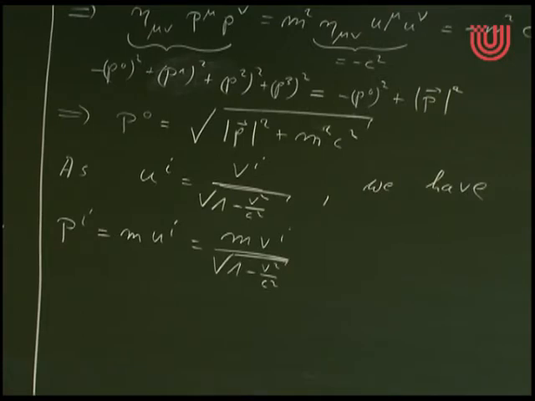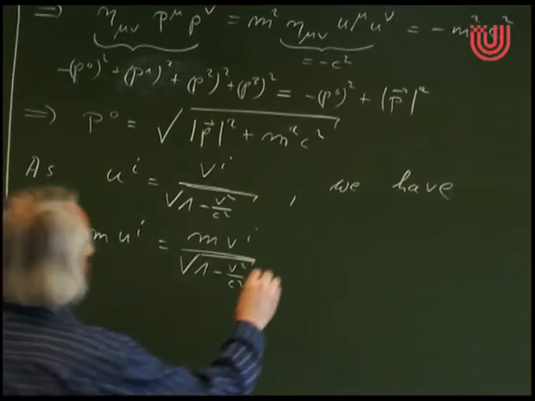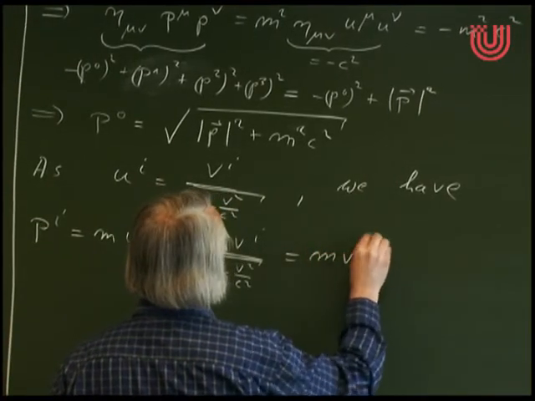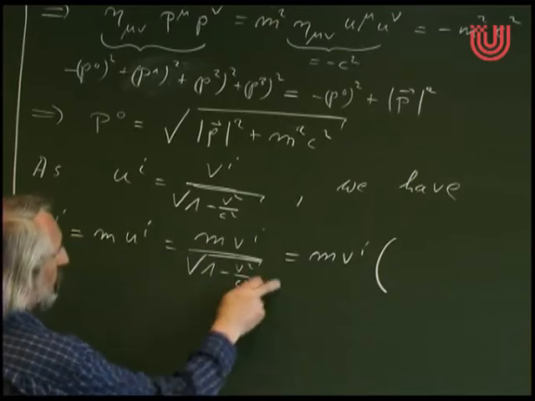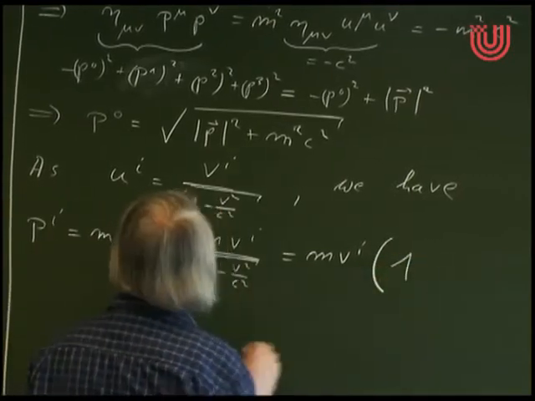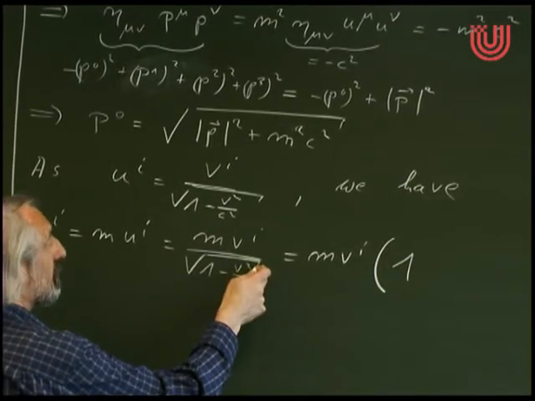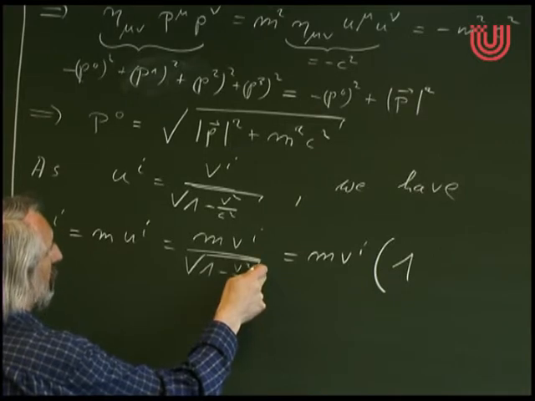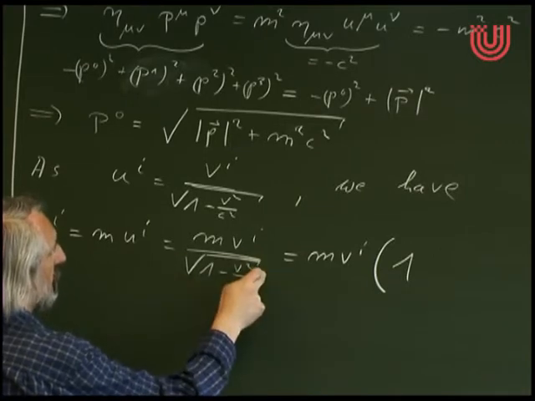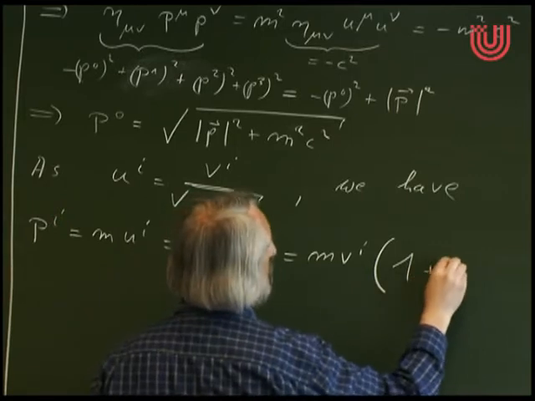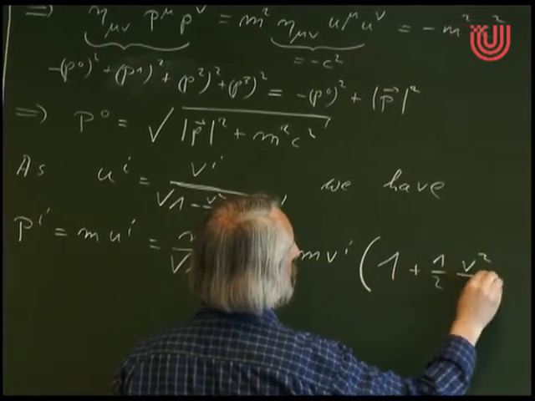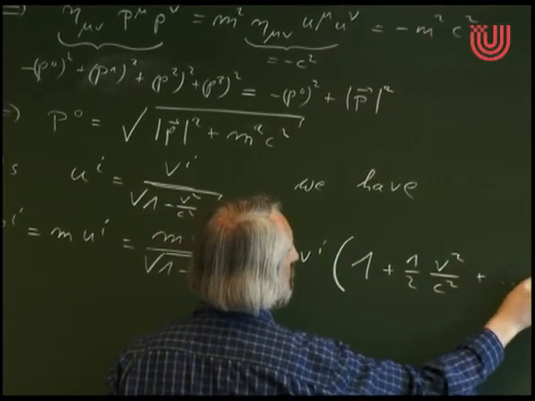And if we like, we can approximate this by a Taylor expansion. So we can write the square root in this way. So this begins with a 1. And then I have minus 1/2 of the exponents. The square root is in the denominator. So I get a change of sign, plus 1/2 v squared over c squared plus and so on.